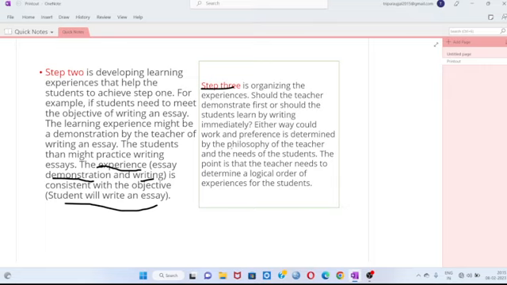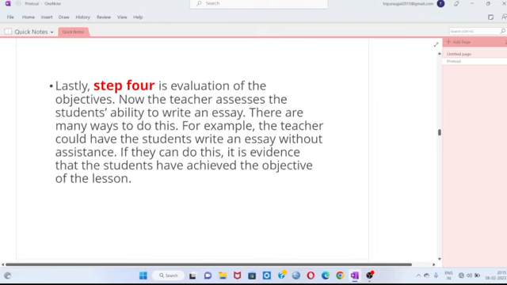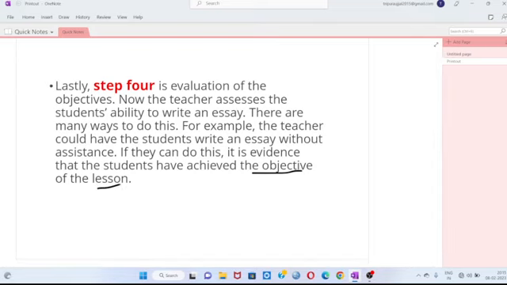Now, after the teacher's demonstration, if the student can follow, that means the purpose is fulfilled. The determined objective has been fulfilled if they are able to write without any assistance of the teacher.